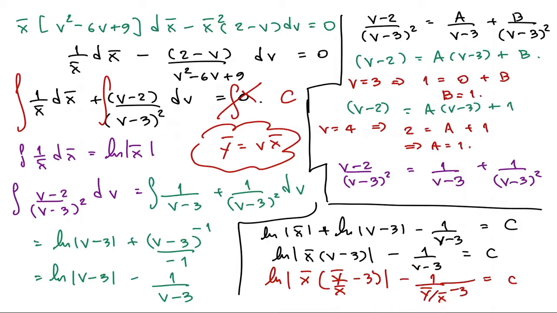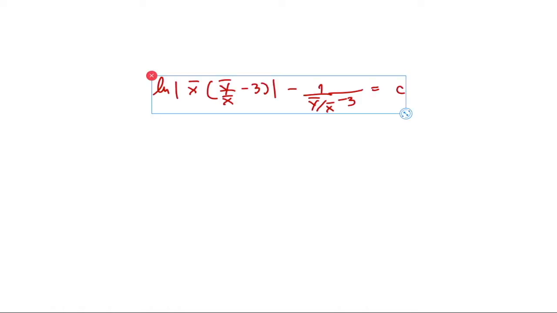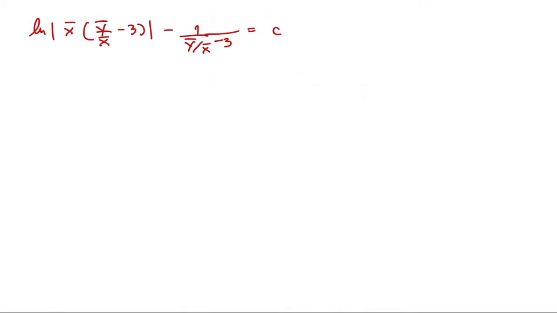Cool. I may need another page because again we ran out of page. So I'll just do it a little further to get a prettier form. y bar divided by x bar minus 3x bar divided by x bar equals c. Right?